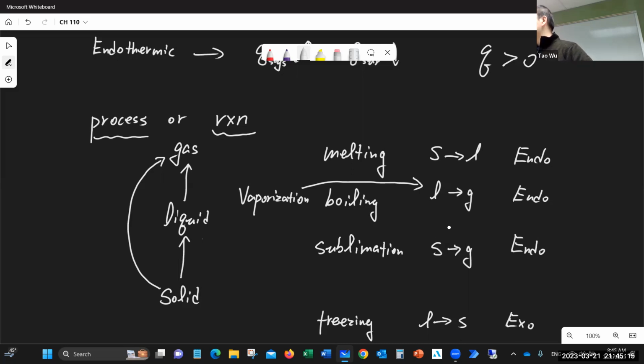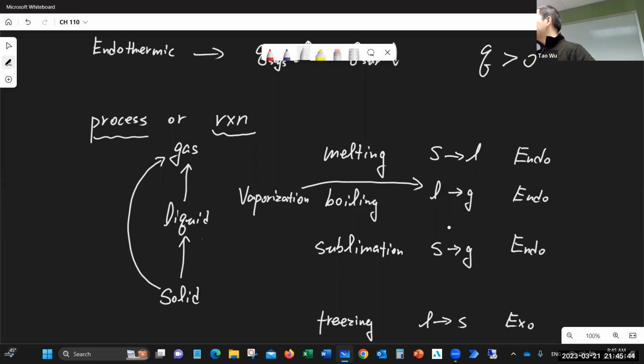Yes, what about plasma? Plasma is also a state, but it has an even higher temperature than the gas. In the plasma state, those gas molecules are not molecules themselves. They are already ionized and become ions.